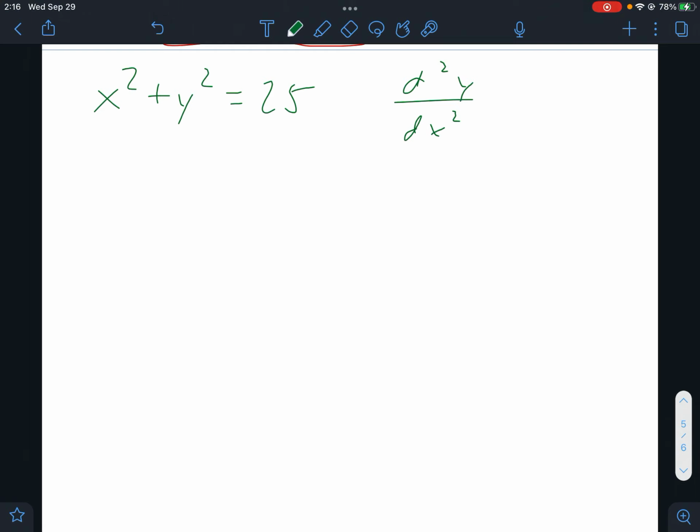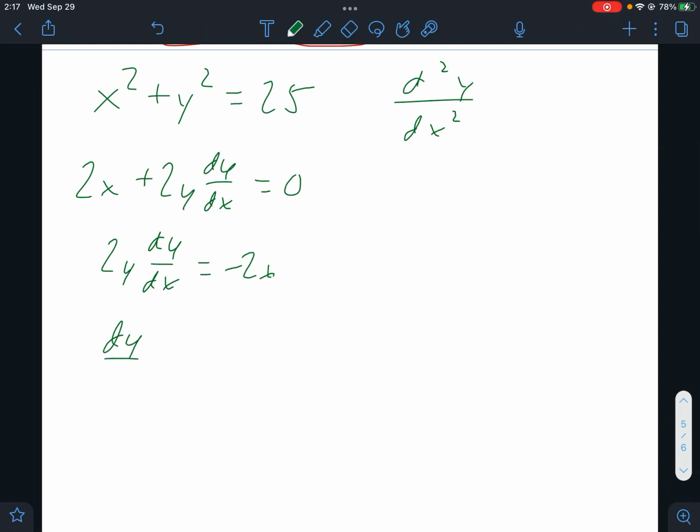All right, so the first derivative is just 2x times dx/dx, which is 1, plus 2y times dy/dx equals 0. All right, so to solve this for dy/dx, I'm going to subtract the 2x over and divide by 2y. And I get negative 2x over 2y, or just negative x over y.